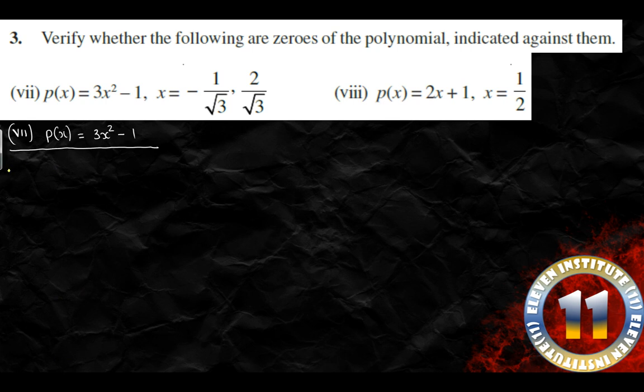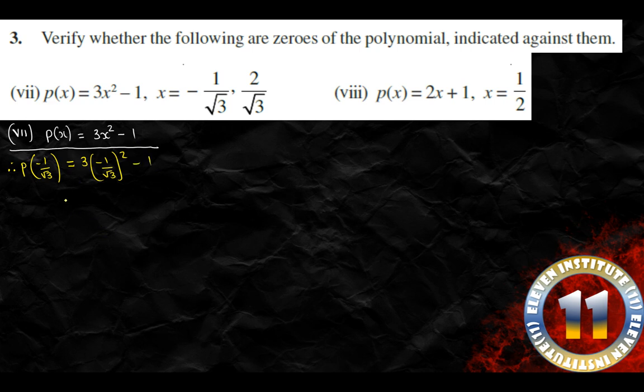So here instead of x we will write minus 1 upon root 3. So this 3 will remain as it is. Now instead of x we will write minus 1 upon root 3 the whole square. See, here it is x square. So instead of x we have written this number and its square, right? And over here we have again minus 1.